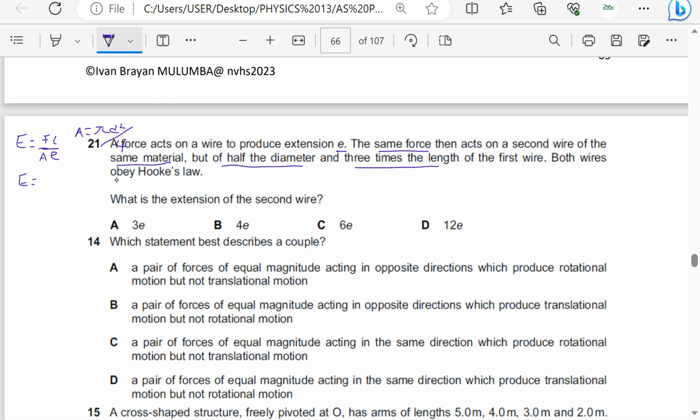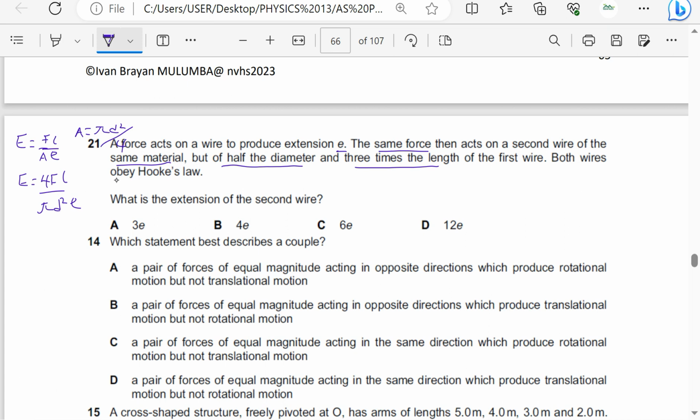So the 4 goes up. For the first wire, this will be 4F times its length, let it be L, divided by pi d squared times its extension, E.